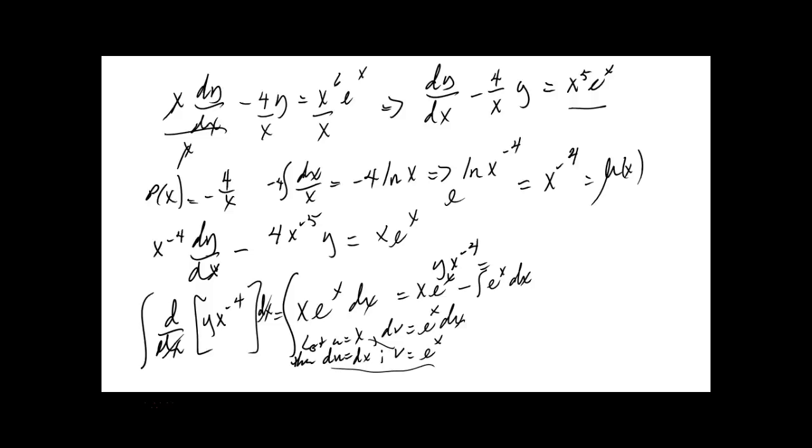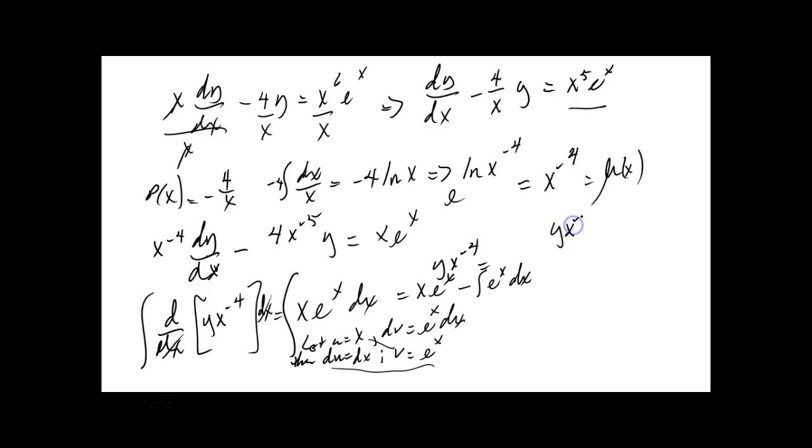Okay? And what is the integral of e to the x dx? Huh? E to the x. So that'd be minus e to the x. So here's what we've got. Oh, plus c. Okay? Don't forget your plus c now. We've been ignoring it for a while, but don't forget it. So here's what we've got.